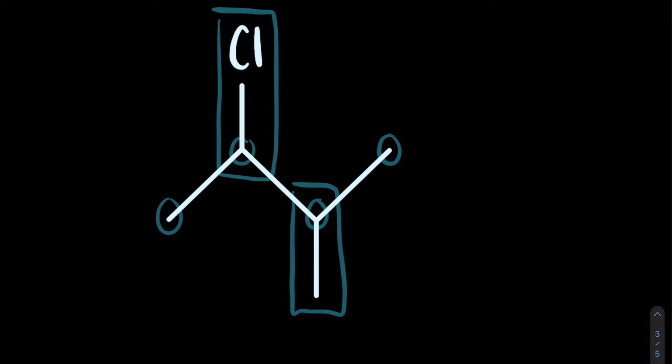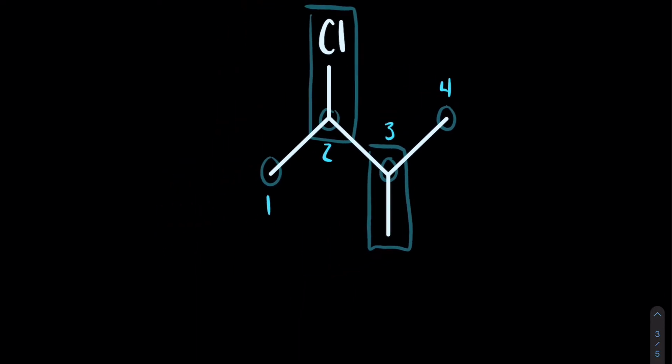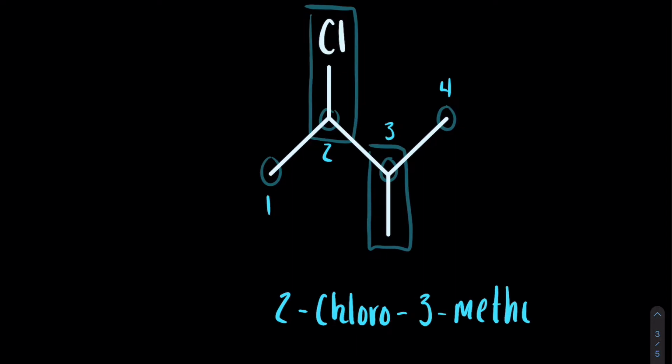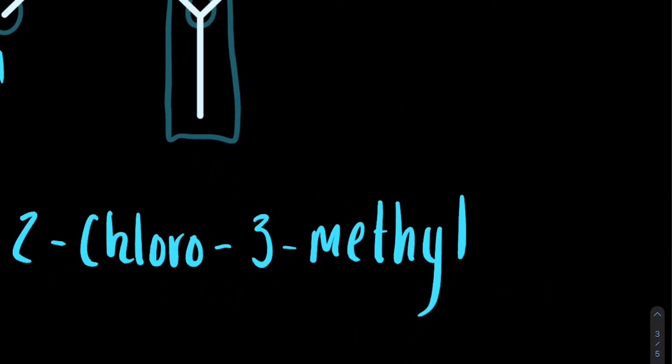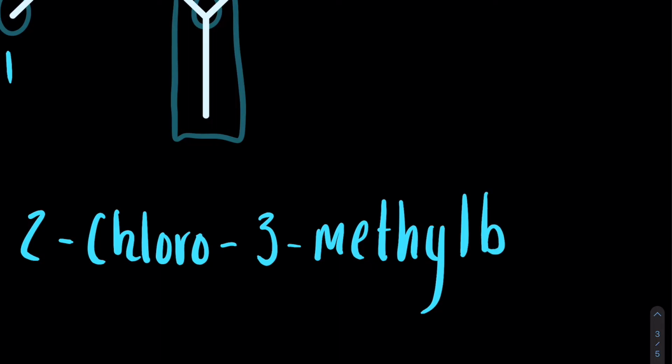So, where do we name? From what side do we name? In this molecule, you name from this side, the side with the chlorine. So this molecule is named 2-chloro-3-methyl. And because there are 4 carbon atoms, it gets the ending butane.